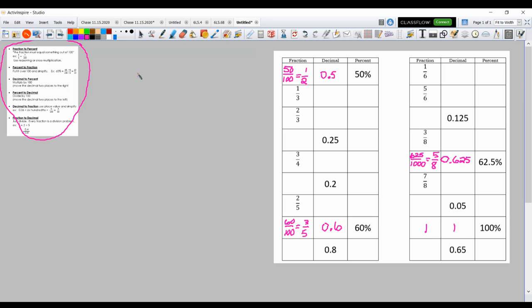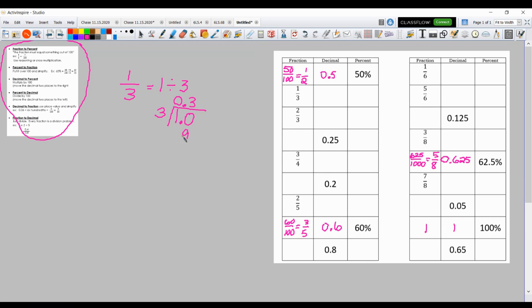Fraction to decimal is a division problem. 1/3 is the same thing as 1 divided by 3. So I can put that in the calculator, or I can do this. 1 divided by 3. 3 doesn't go into 1. So I'm going to add a decimal here and bring that decimal up. Now I'm going to divide 3 into 10 because 1.0 is the same as 1.